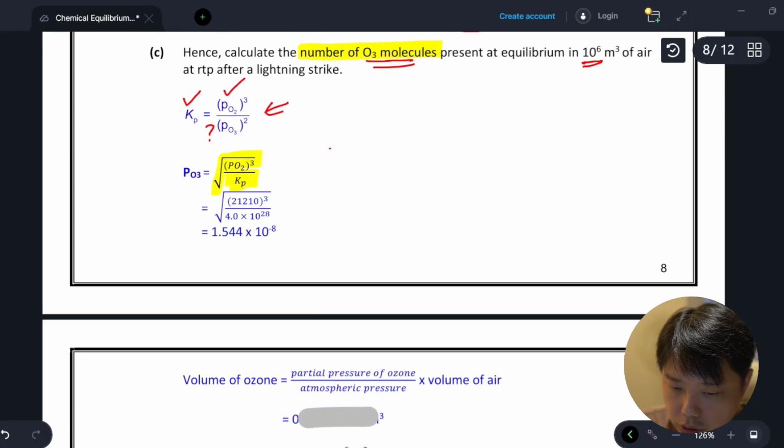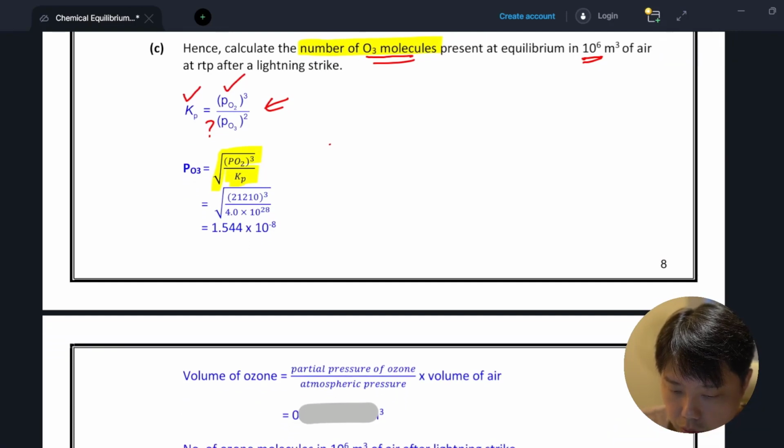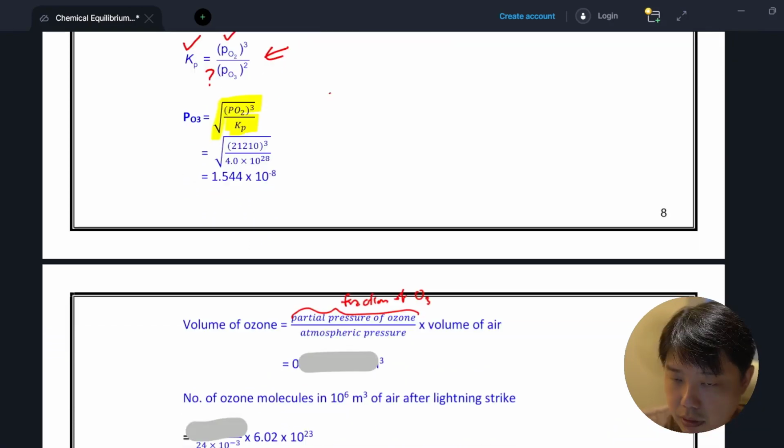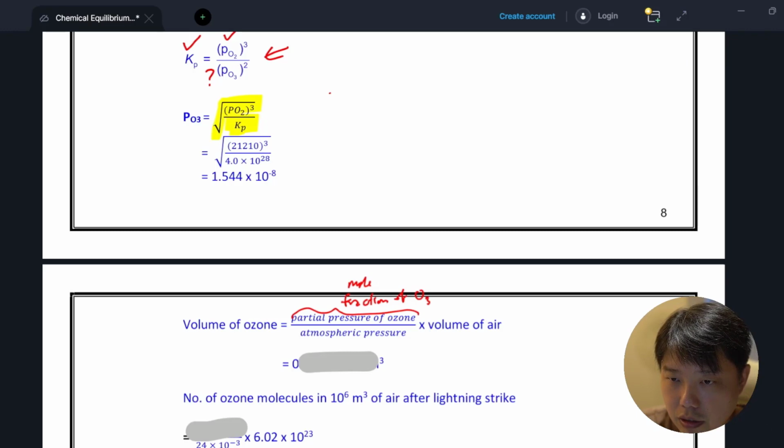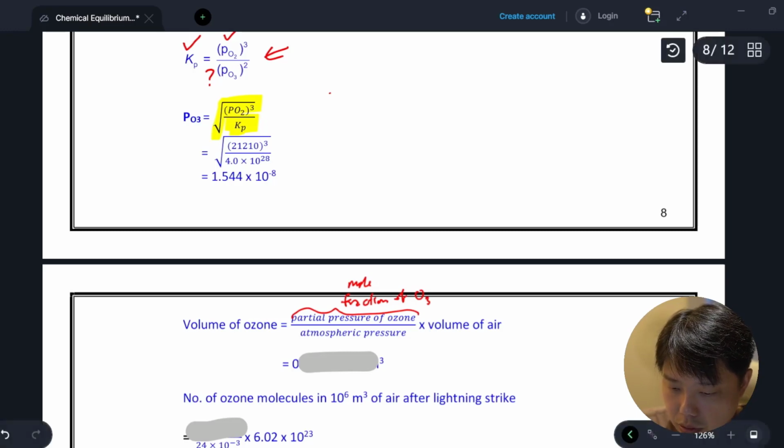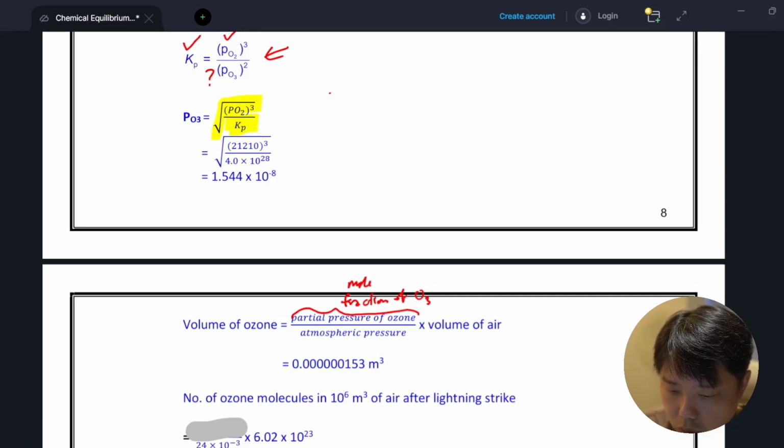Once we've gotten the partial pressure, we're looking to convert it to volume. You can think of it as the mole fraction of O3 multiplied by the volume of air. So you will get this volume of ozone.